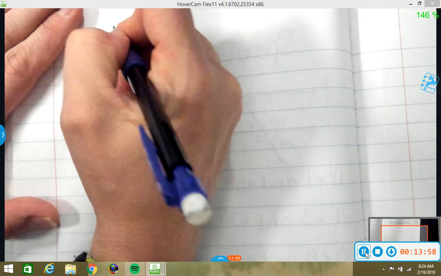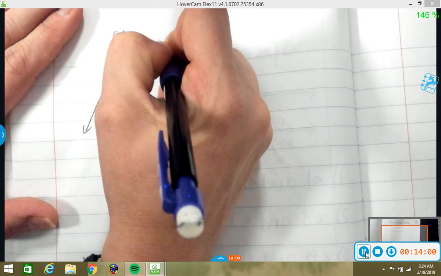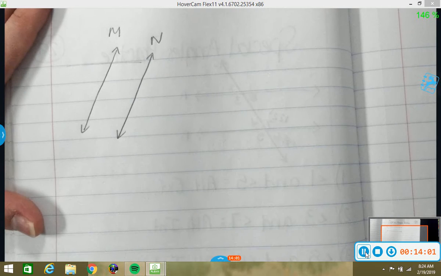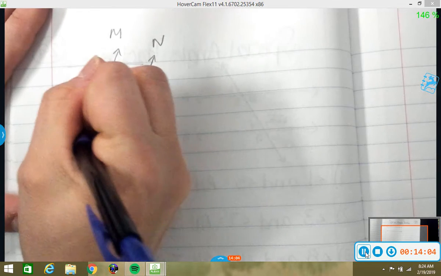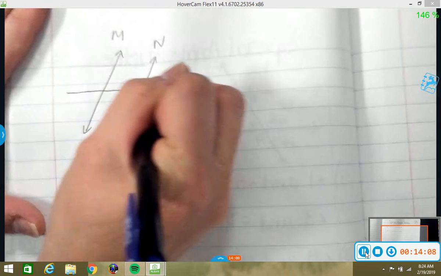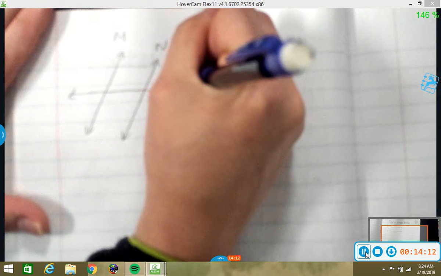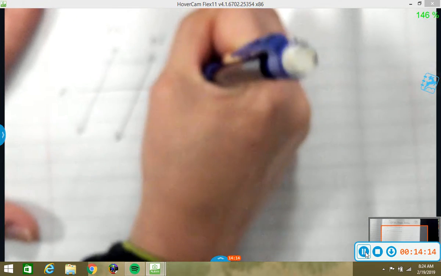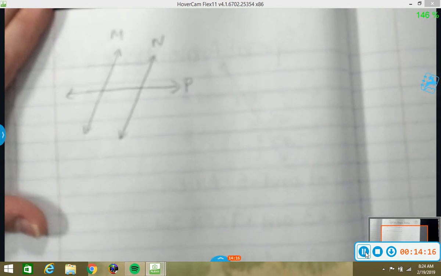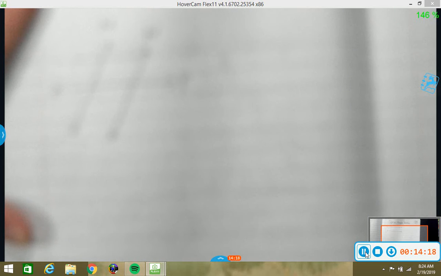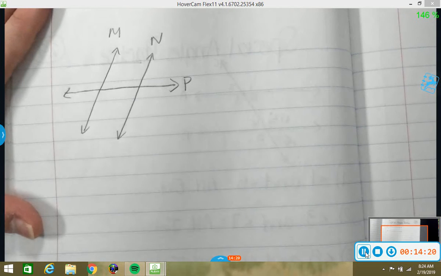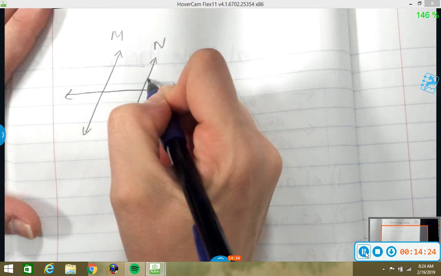We're going to call the parallel lines M and N. And then my transversal is going to be P. Okay, I'm going to tell you that this angle is 60 degrees.